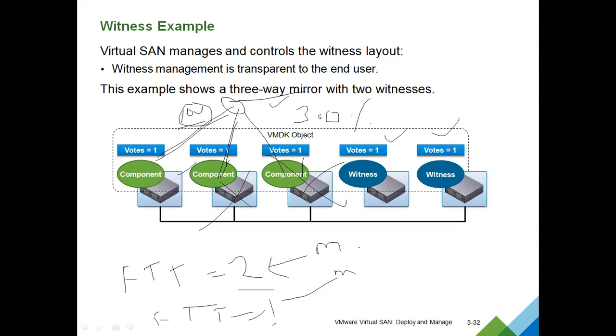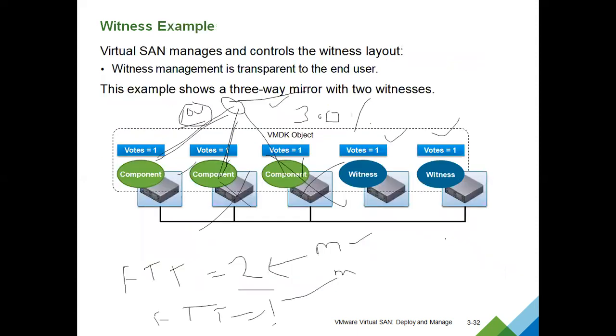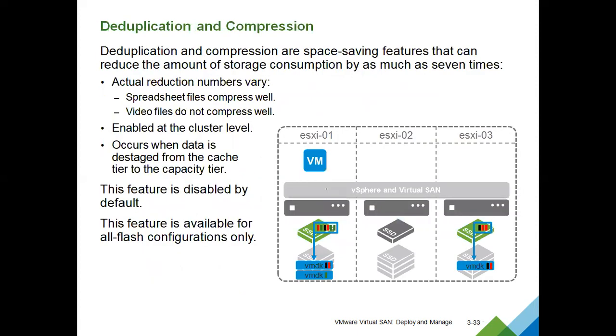If I am going with the FTT2 policy as mirroring, you are going to consume 300%, 30 GB, if I'm writing 10 GB. So the previous example is FTT1, with minimum stripes per object of 1, and the next example is FTT2, where we want to tolerate 2 failures at one time.